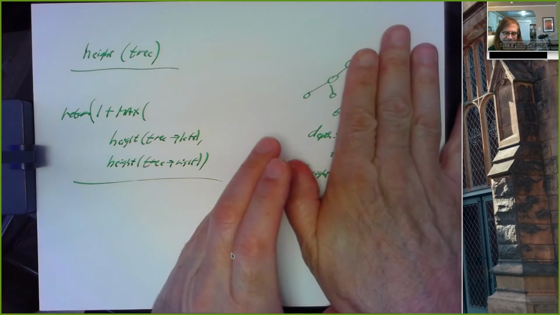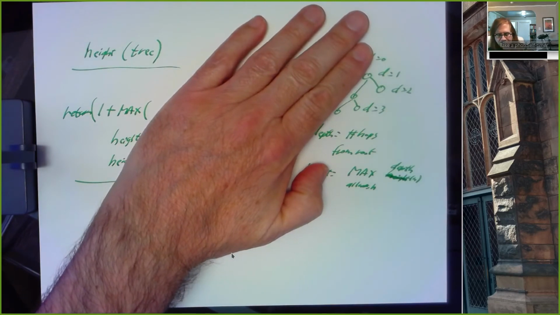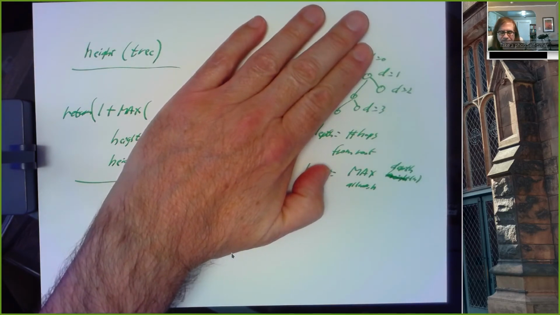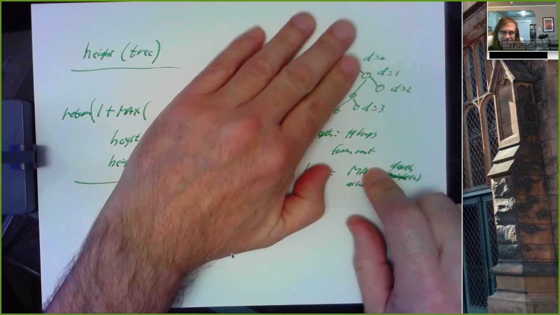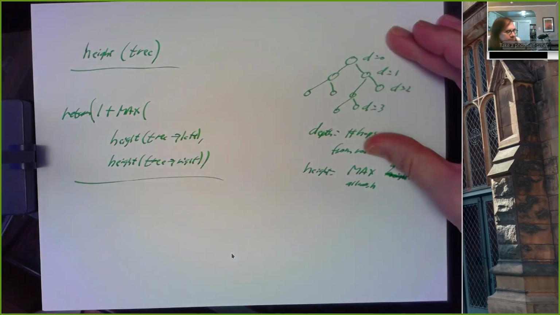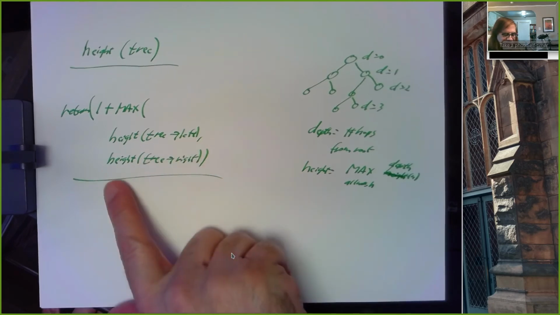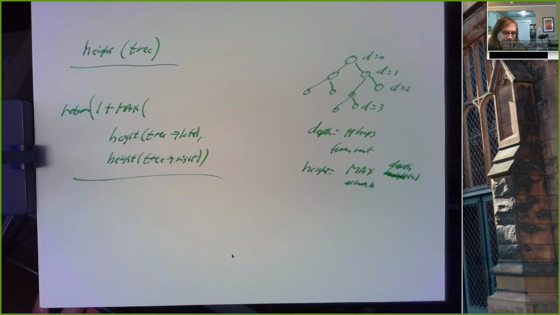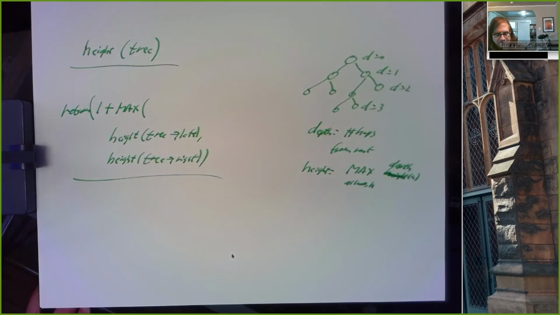Well, this tree has a left subtree, and it has a right subtree. Whichever one of those trees is taller, if I add 1 to that height, I'll get the height of this original tree. And I can code that in a one-line C function which says find the height of the left subtree, find the height of the right subtree, find the largest of those 2 numbers, add 1, that's the height of my original tree. Okay, classic recursion here.